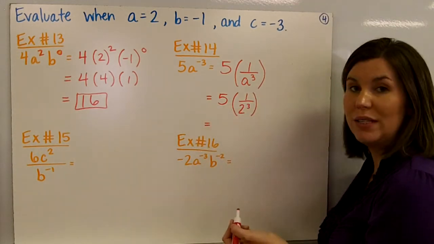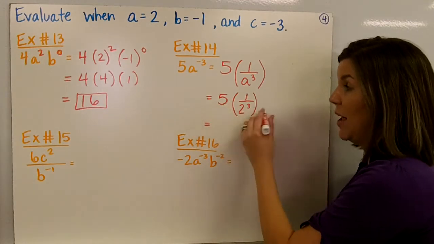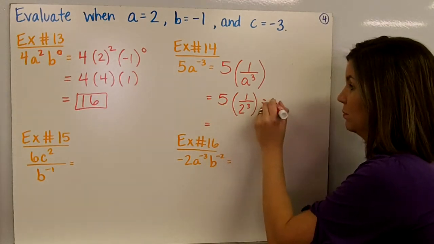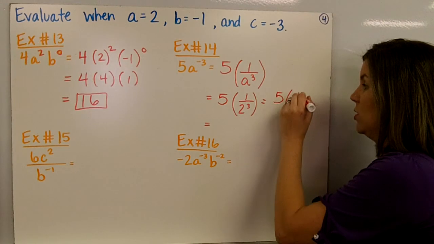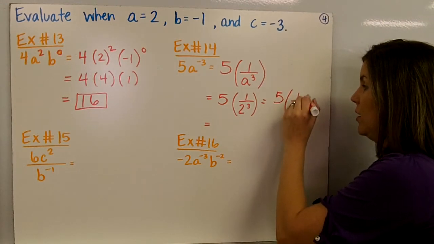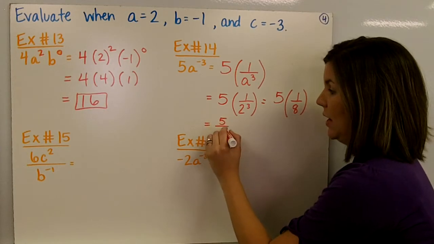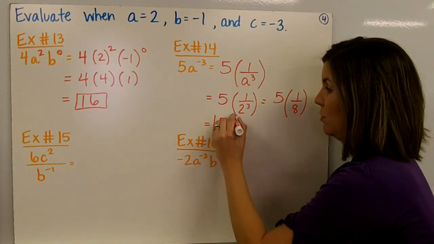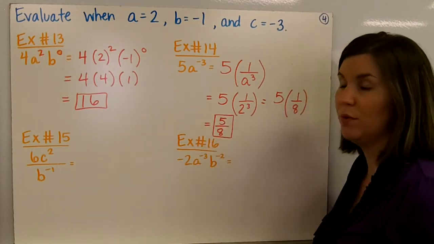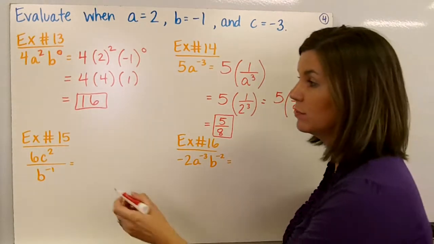Negative 2 to the third power is negative 8. So we have 8 in the bottom. 5 times 1 over 8. 5 times 1 is 5, and 8 is in the bottom. So 5 over 8. And this fraction cannot be reduced, so that will be our final answer.